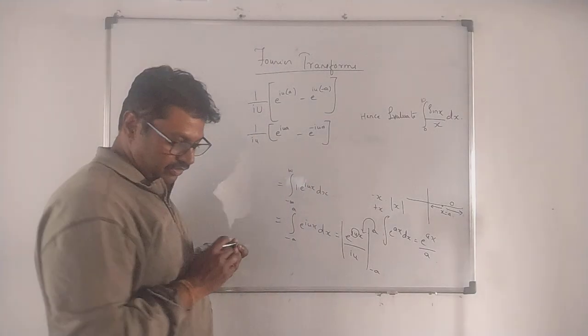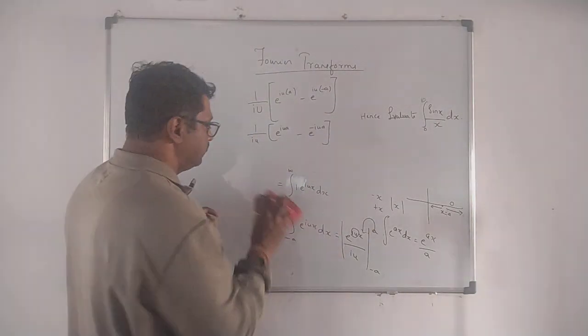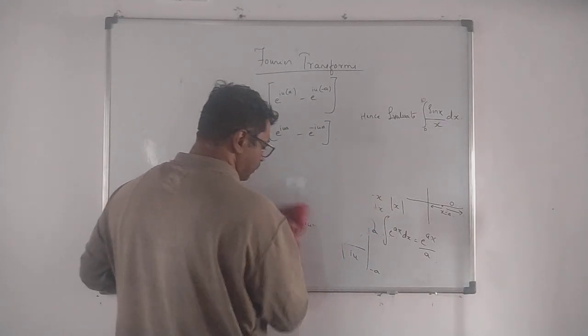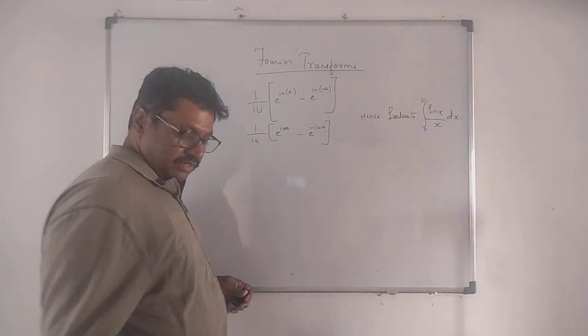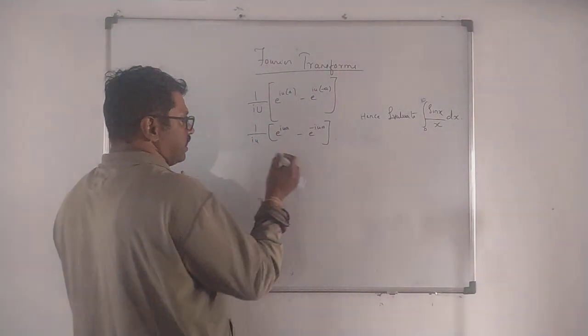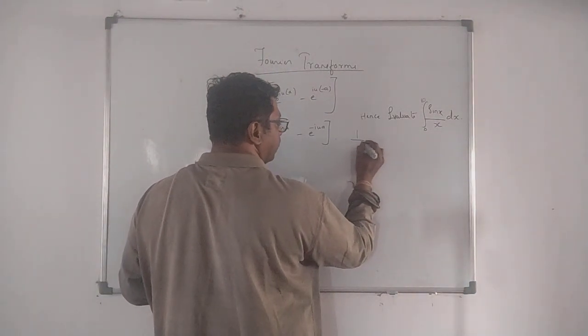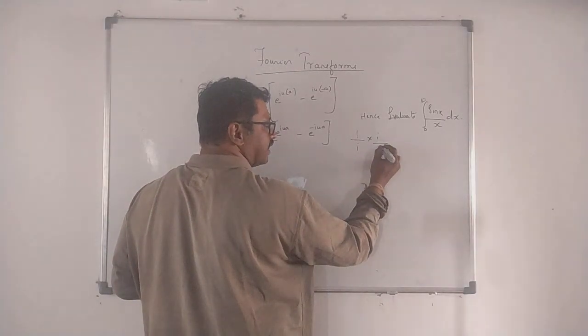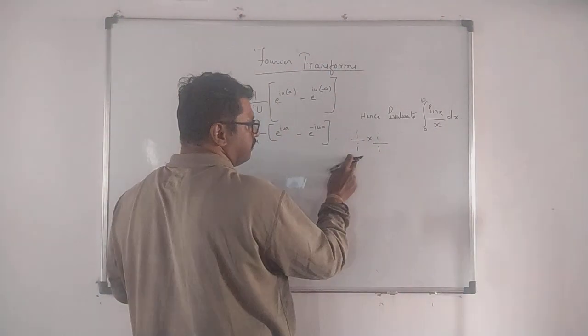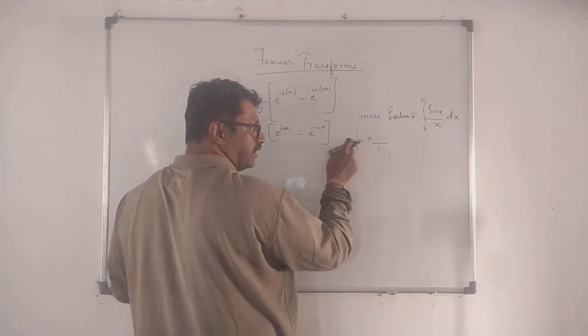Now what you have to do is just observe everything. You will come to know how to do this. So upper limit minus lower limit is happening. 1 by i, you have to simplify. In fact, this is rationalization. You cannot keep i in the denominator.